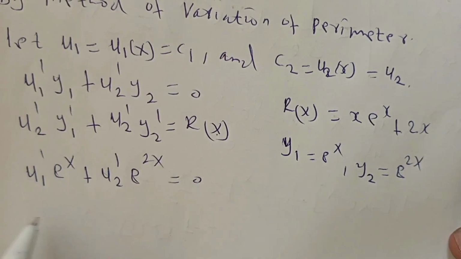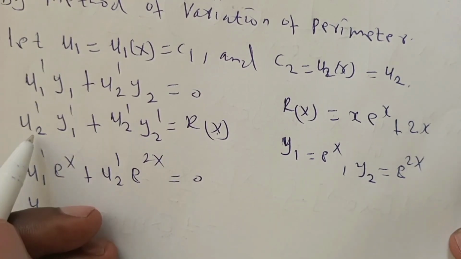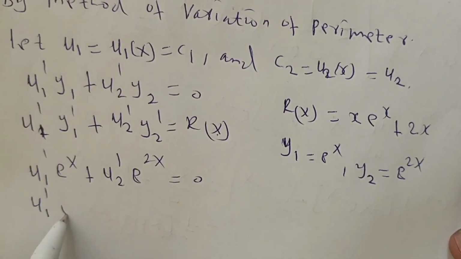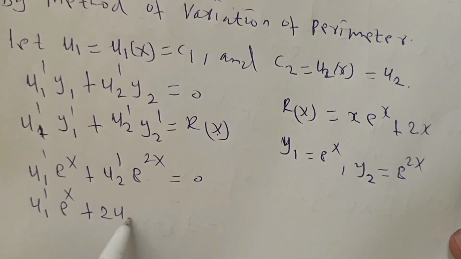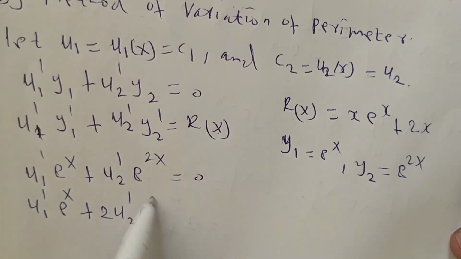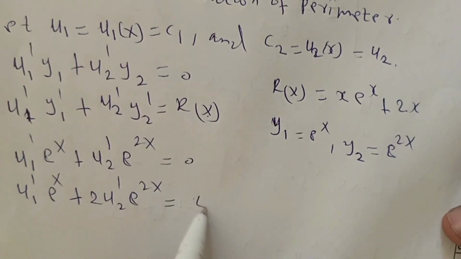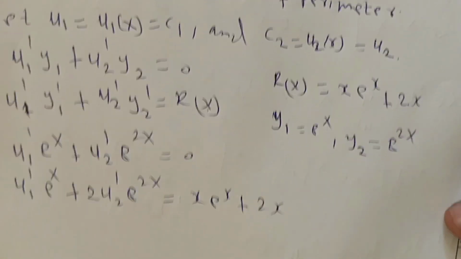Then differentiating this, we shall have u1 prime exponential x plus 2 u2 prime exponential 2x, which is equal to our r of x, x exponential x plus 2x.